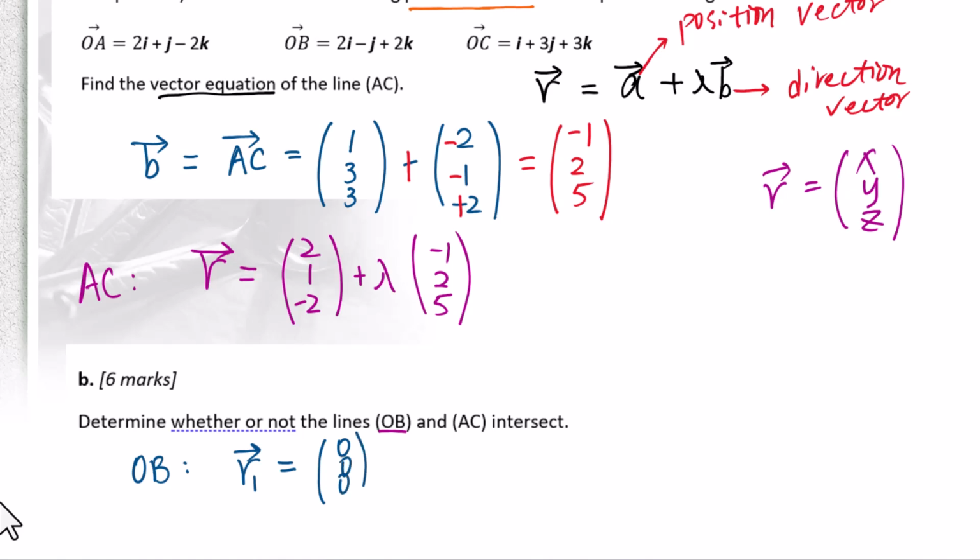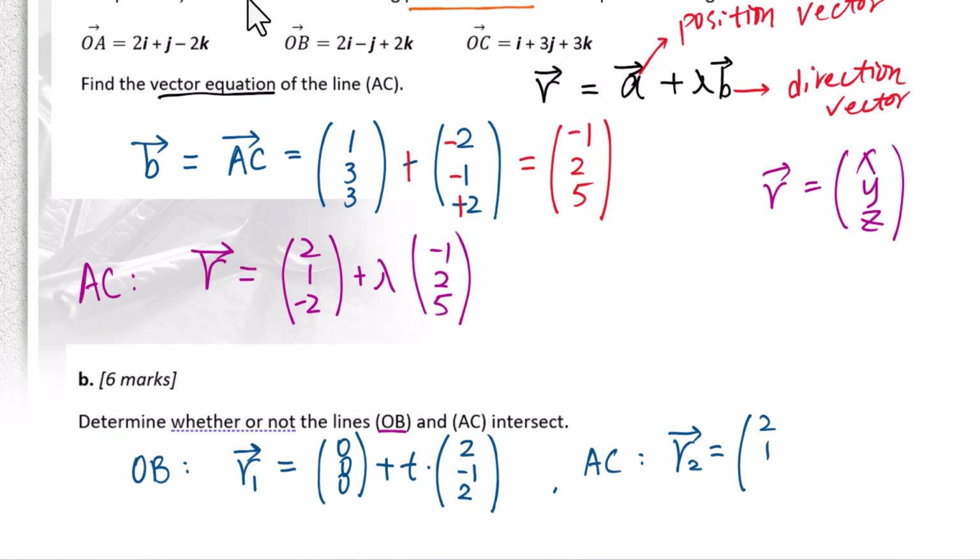We will use origin as a position vector plus t times direction vector OB (2, -1, 2). For line AC, let's write down vector R2 equals (2, 1, -2) plus lambda (-1, 2, 5).